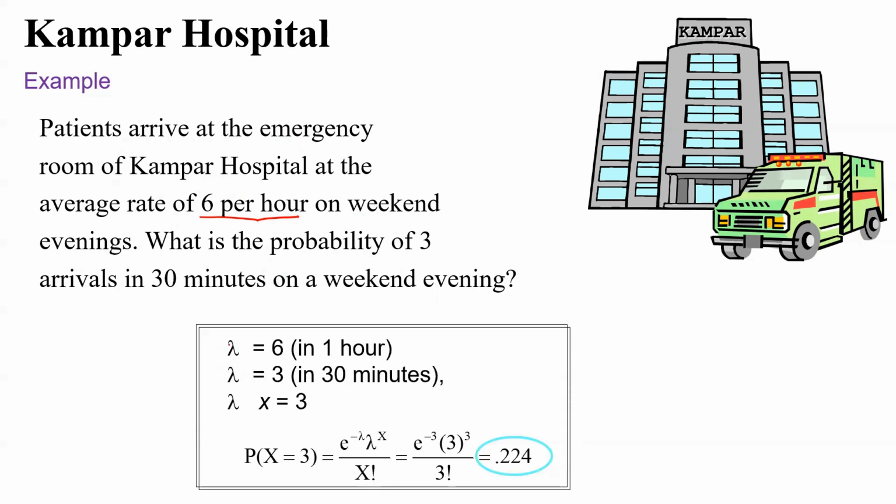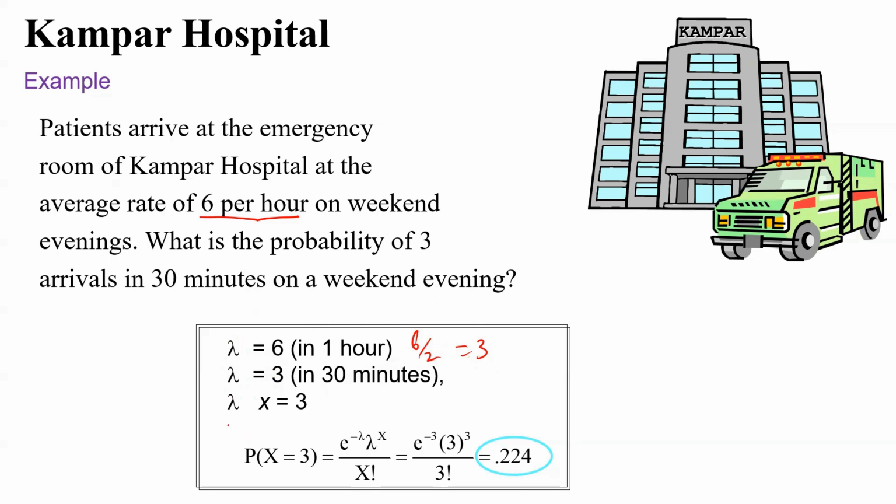First, you need to write that the average is 6 in 1 hour, which means for half an hour, 30 minutes, it is half of it. So 6 divided by 2 gives us 3 patients.